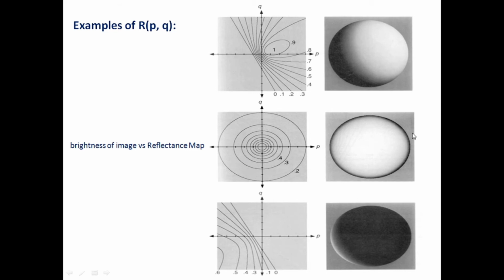The brightness of an image is this one, and the corresponding reflectance map will be this one. These reflectance maps are traced by the iso contours.